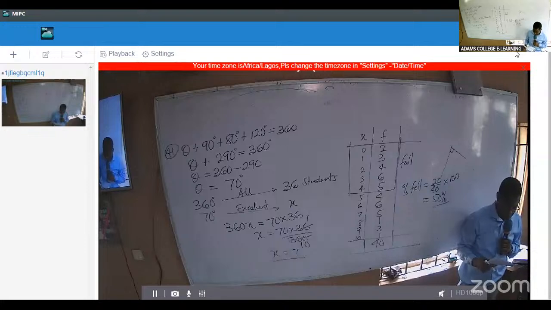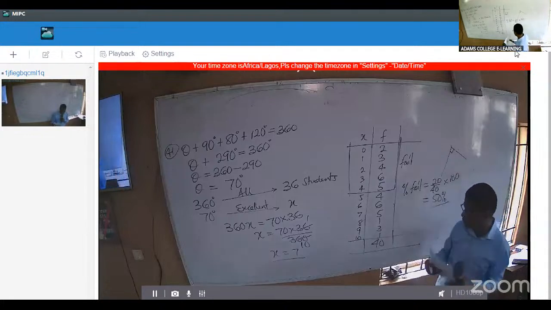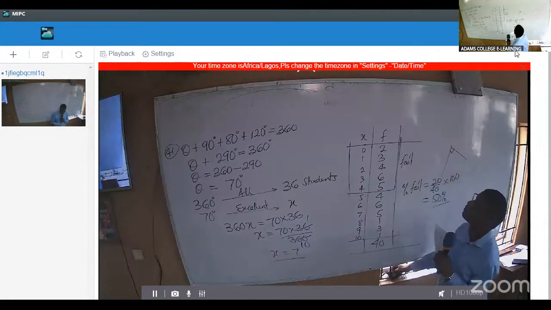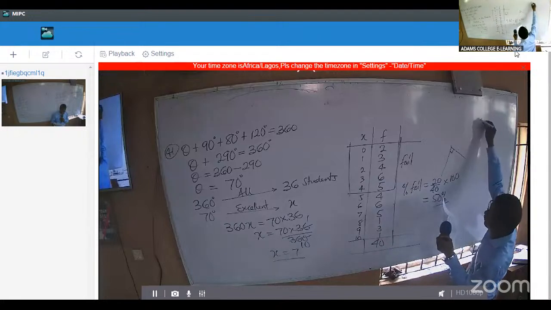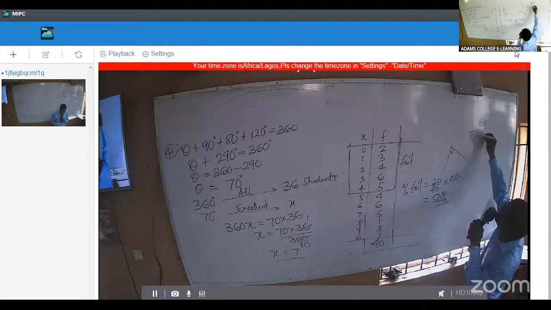Number 43. The mean of 7 numbers is 96. If an 8th number is added, the mean becomes 112. That's a big number. Find the 8th number. In maths, total is always number of items times average.